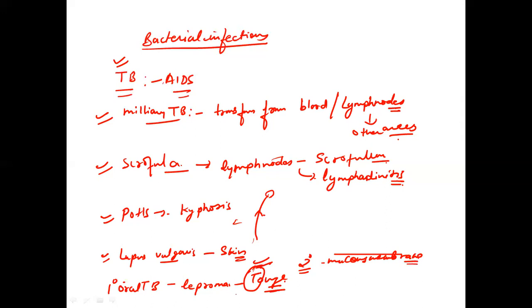In case of primary, initially there are lesions on the tongue. They may transfer to the palate. That means if T is first, it is the initial sign, and T at the last, it is a late sign, right? So that's all we have to remember about TB.